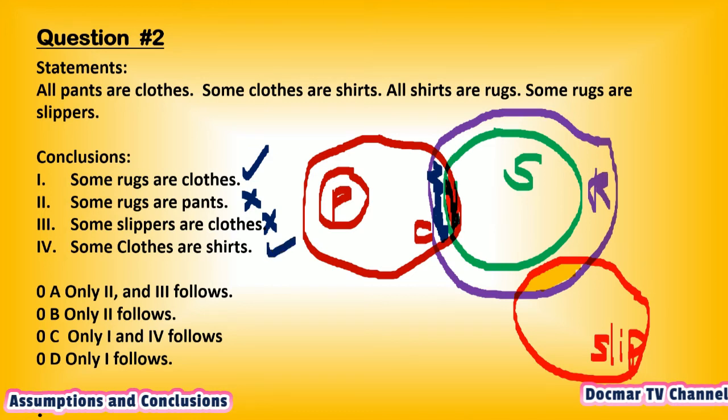Check. Choices: only 2 and 3 follow? Wrong. Only 2 follows? Wrong. Only 1 and 4 follow? Very good. So this will be the answer, letter C. I hope you understand the importance of the circles, some, all, and no, in these assumptions and conclusions.